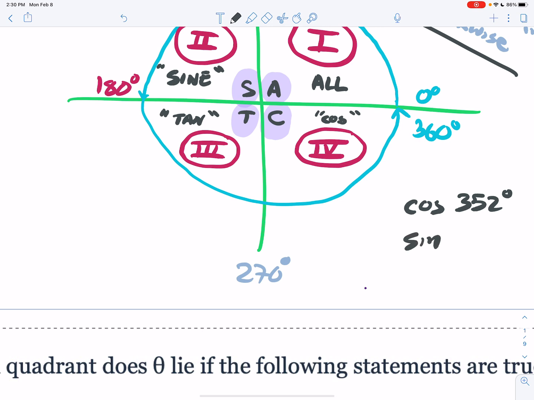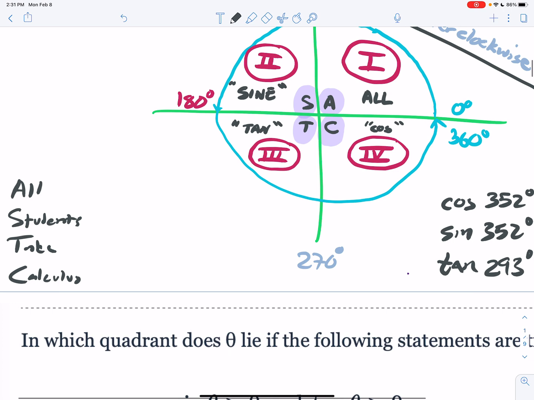Whereas if you were to type the sine of 352 degrees, you'll get something negative because the only thing that's going to come out positive in quadrant 4 is cosine. Tangent of 293 degrees should come out negative because only cosine will come out positive there.